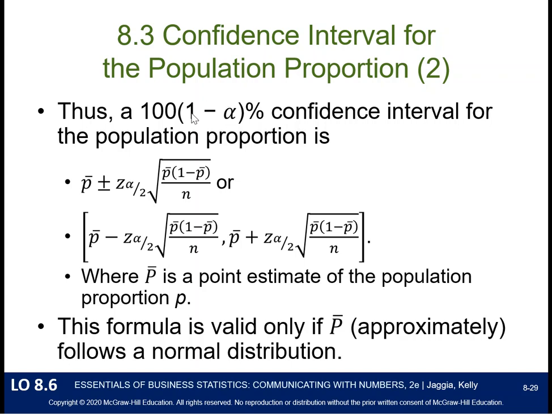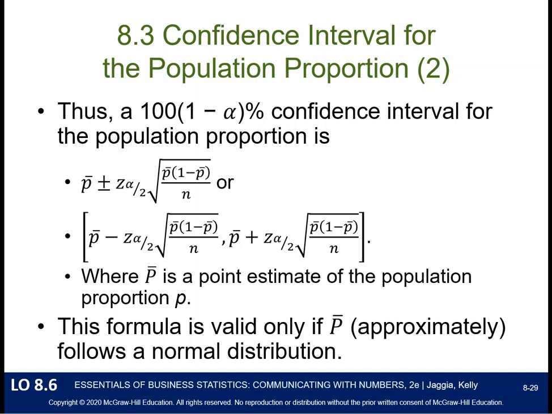So again, with our confidence interval, we're defining alpha as our margin of error, so 1 minus alpha gives us our confidence level. We're going to go back to those z-scores, where we look at p bar, which is the sample proportion, plus or minus the z-score multiplied by the square root of the sample proportion times 1 minus the sample proportion, divided by n.